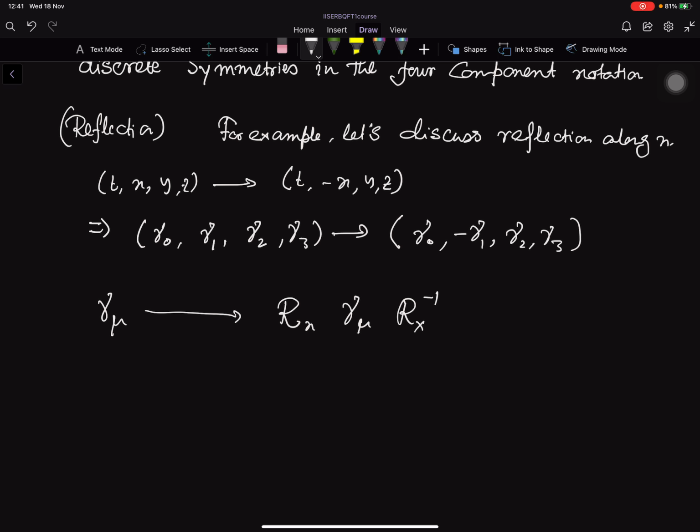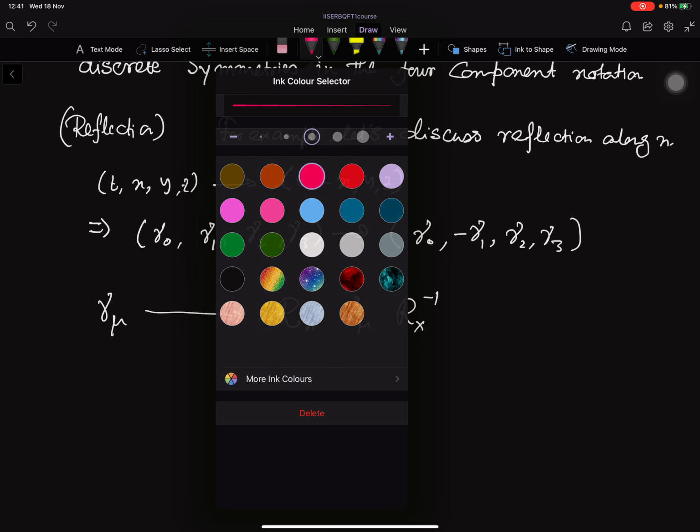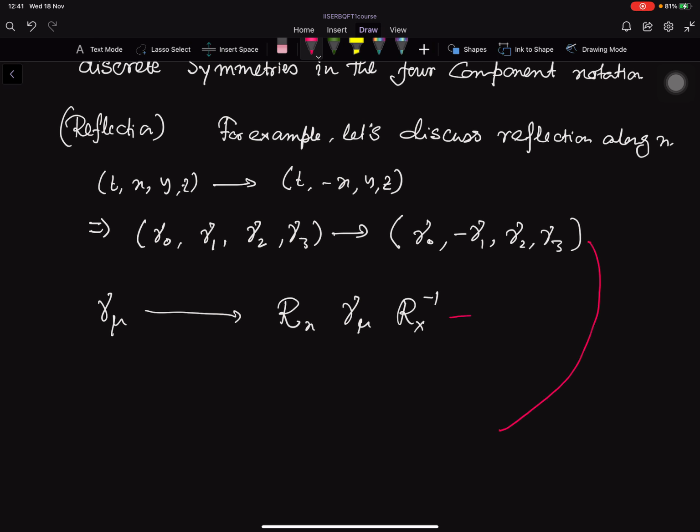If that is the case, then it follows that Rx should be simply the product of gamma x and gamma 5.